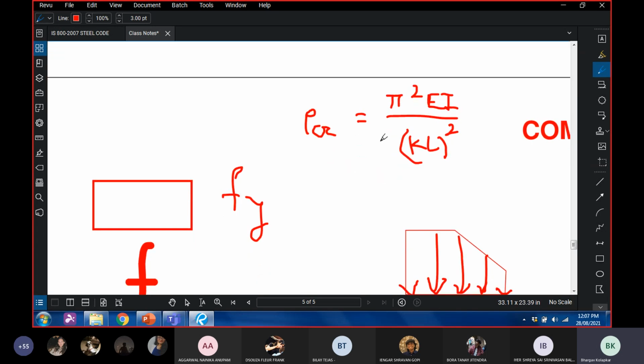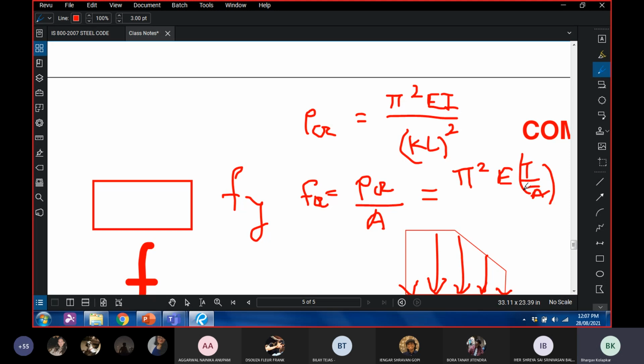Now, if I want to understand the critical buckling stress, FCR is equal to PCR upon A. Stress is equal to force upon area, so you just divide this by area. So I can write this as pi square E into I upon A, and this entire term upon KL square.